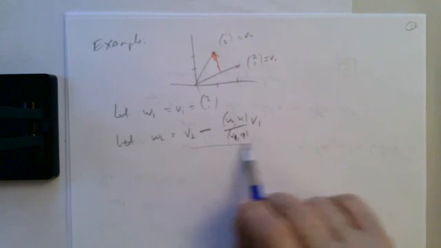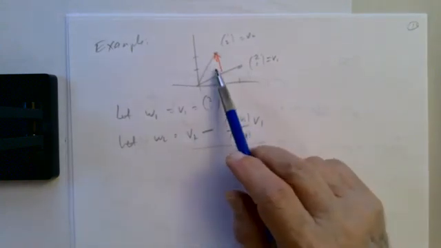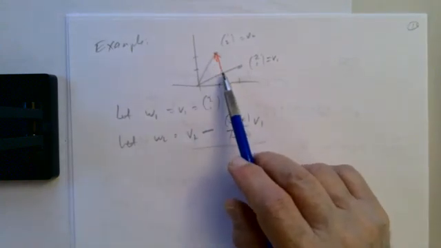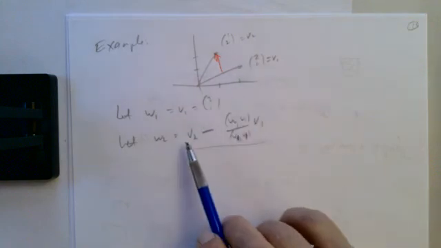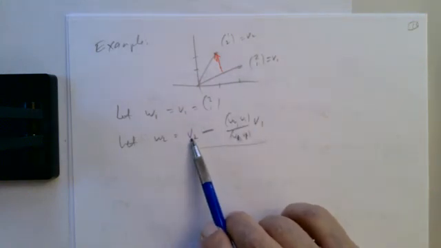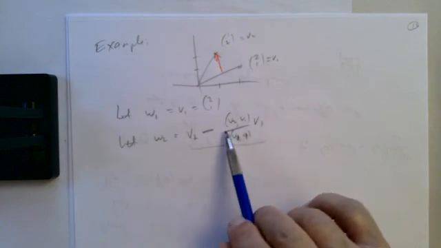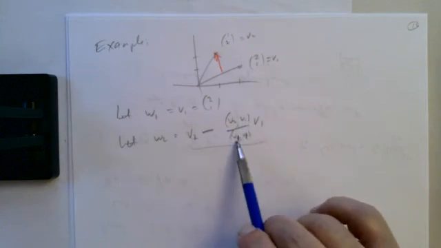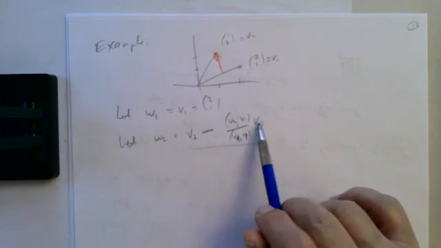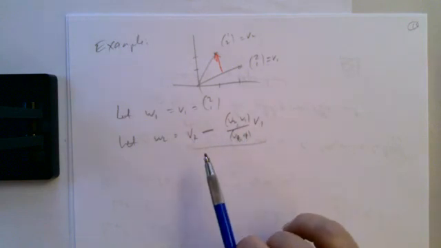Right? If you go back and look at our formula for finding the component of a vector perpendicular to another, the component of V2 parallel to V1 is V2 comma V1 over V1 comma V1 times V1, and V2 minus that should be the orthogonal complement.